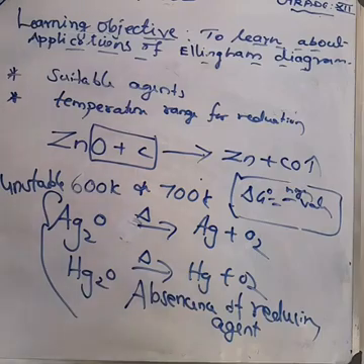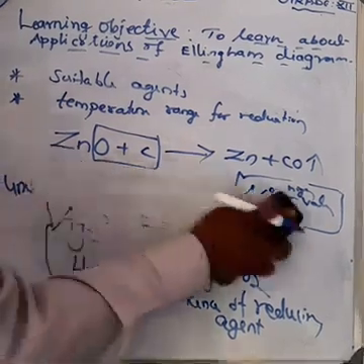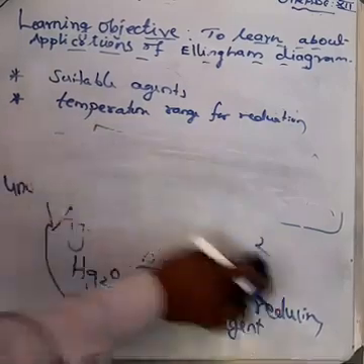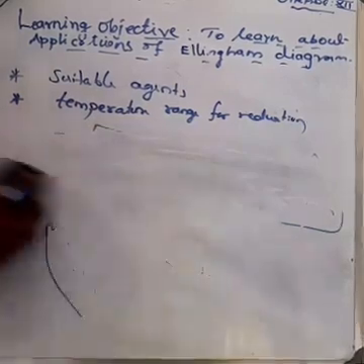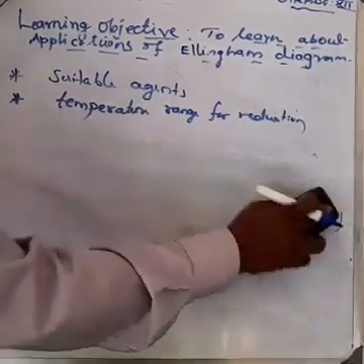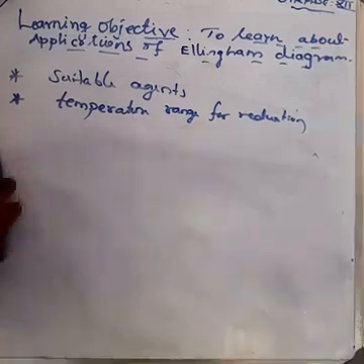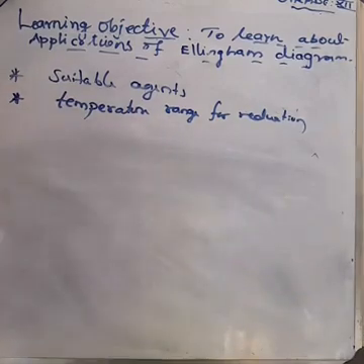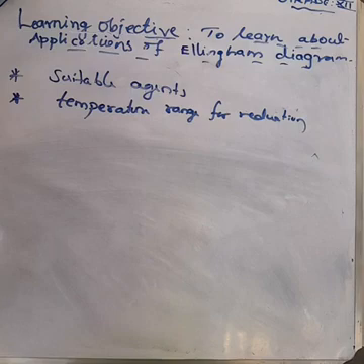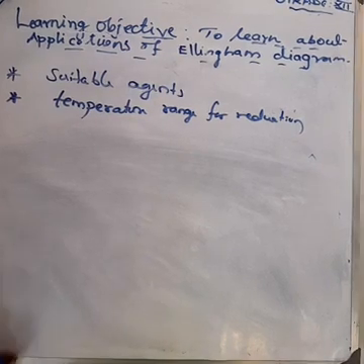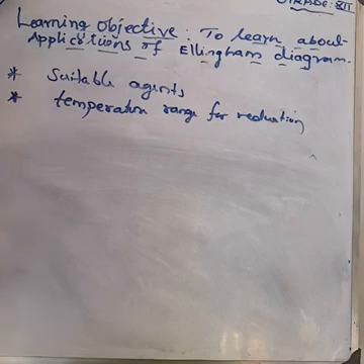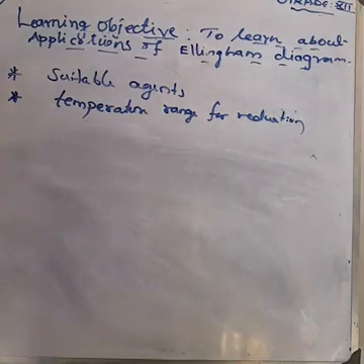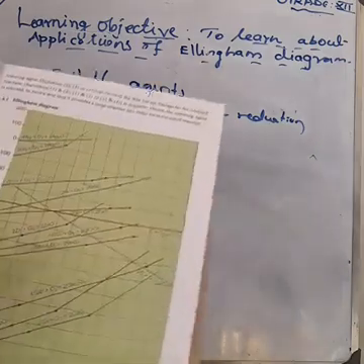Second point: the Ellingham diagram is used to predict the thermodynamic feasibility of reduction of the oxides of one metal by another metal. Here one metal can reduce another.